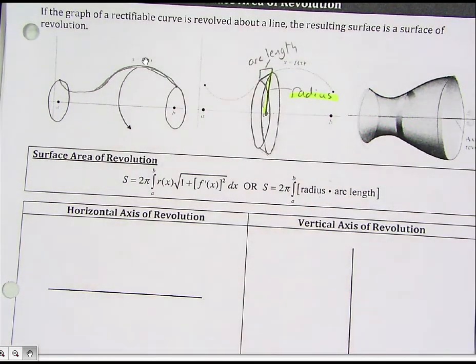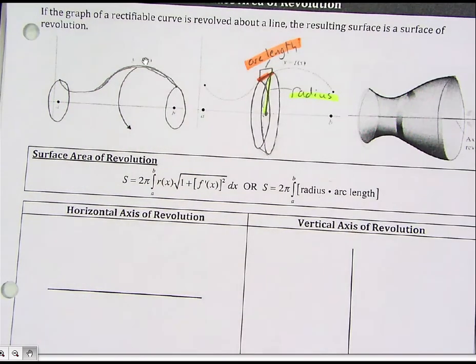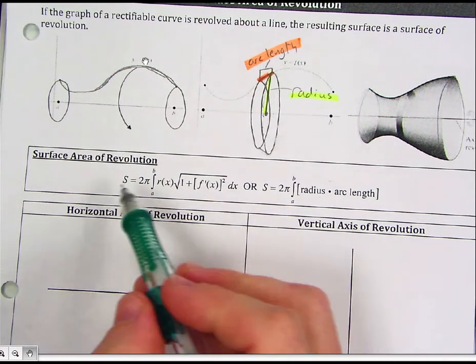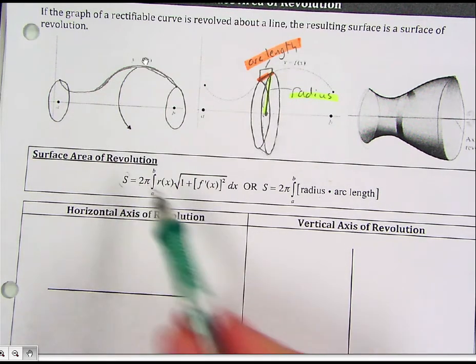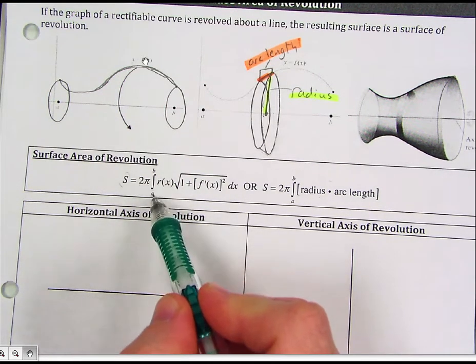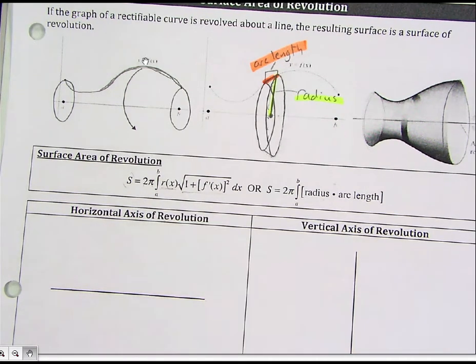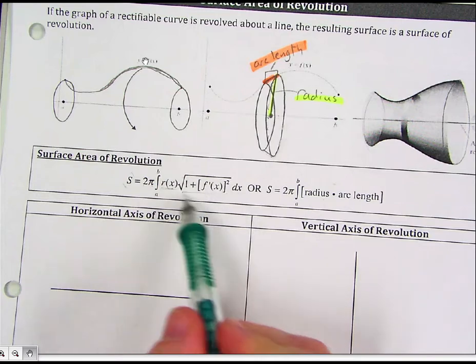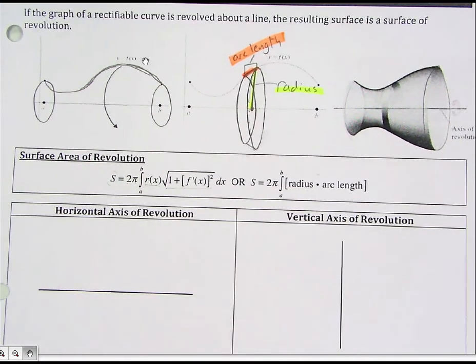There's your radius and the arc length. So when we look at the formula, here we have S for surface area, and it's 2 pi, the integral from a to b, of the radius times the arc length.